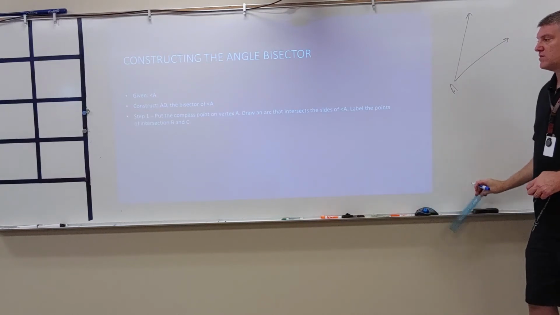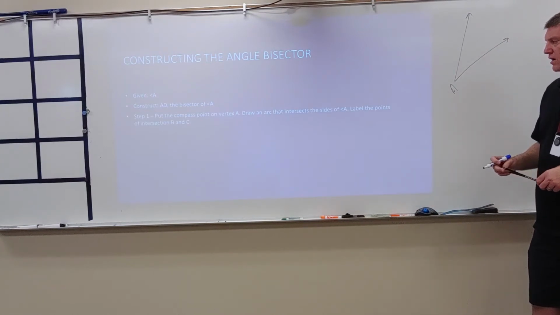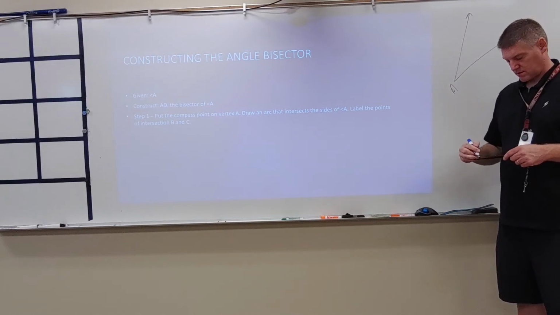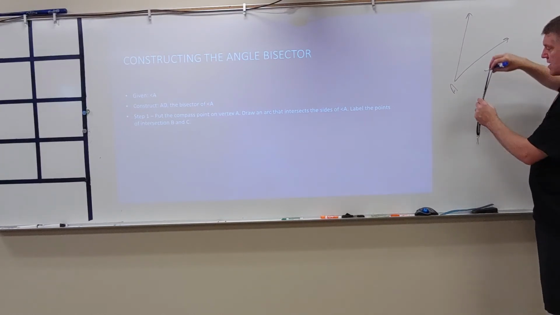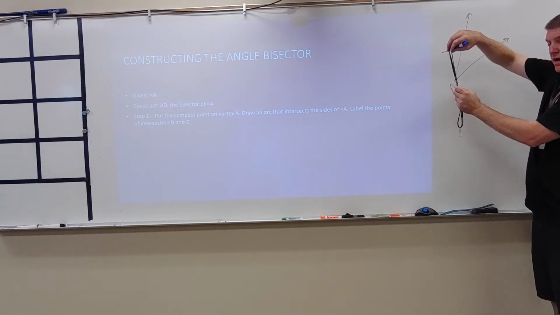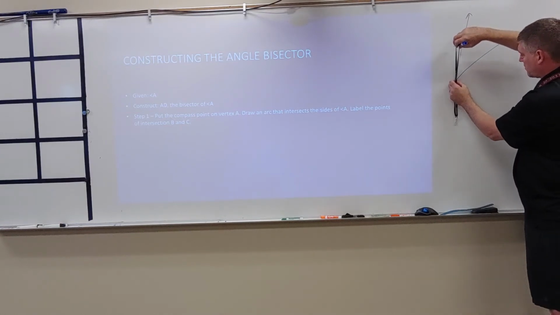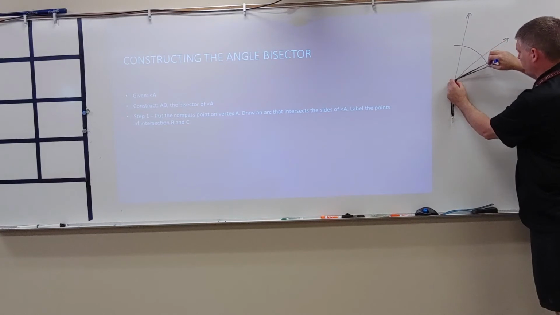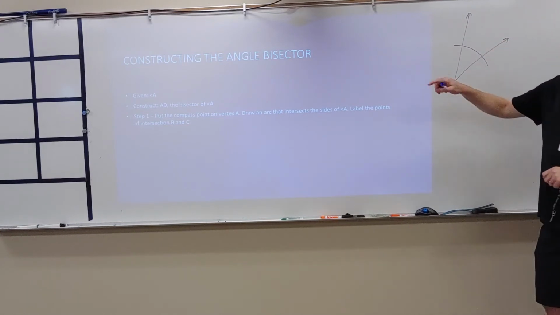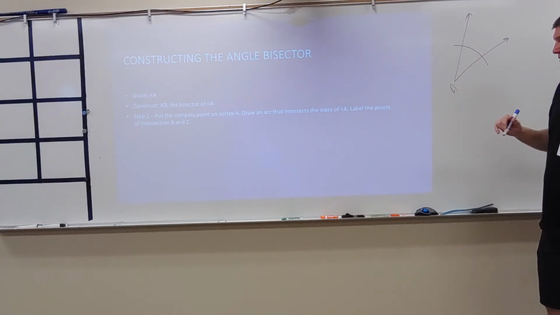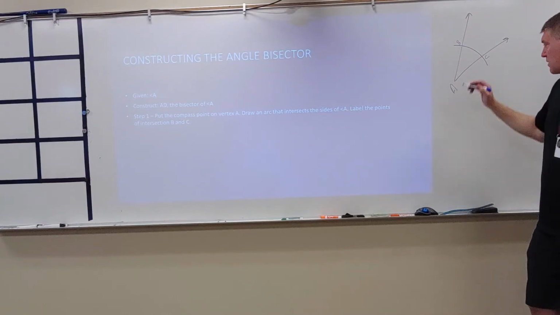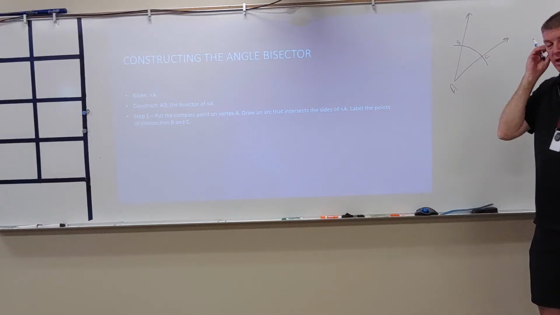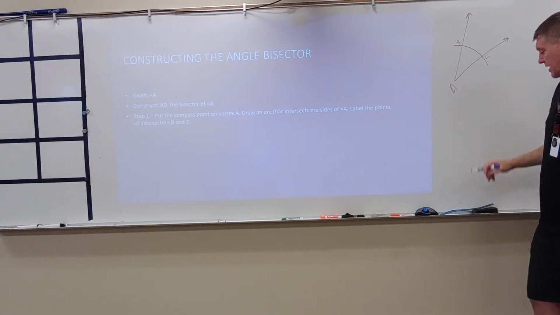So the first thing we're going to do is put our endpoint on A and open our compass to create an arc that intersects our angle. Okay, so I'm going to label this point B and this point C.